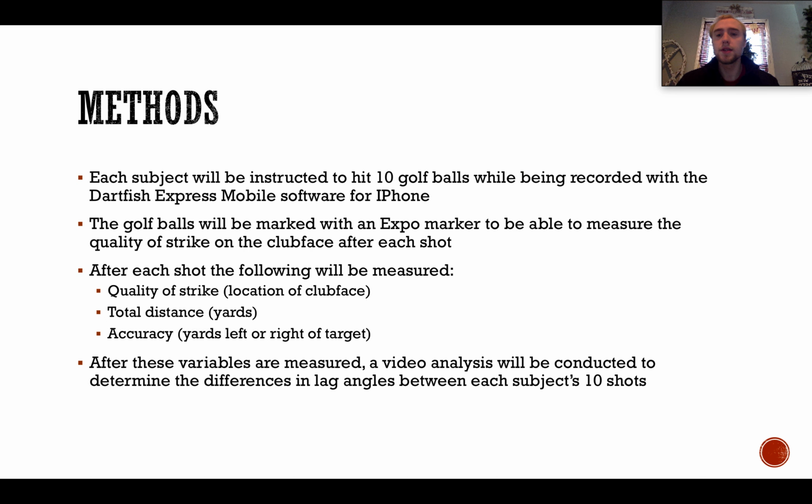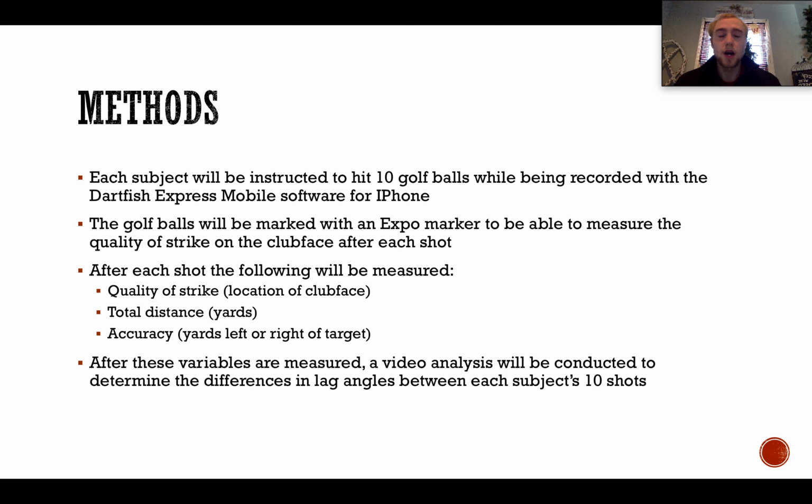As for the methods, each subject was instructed to hit 10 golf balls while being recorded with the Dartfish Express mobile software for iPhone. On one side of the golf balls, I marked them with an Expo marker so that when they hit the ball, you could see on the club face where impact was.